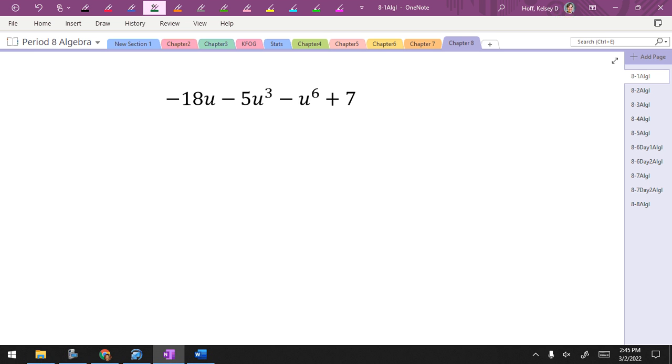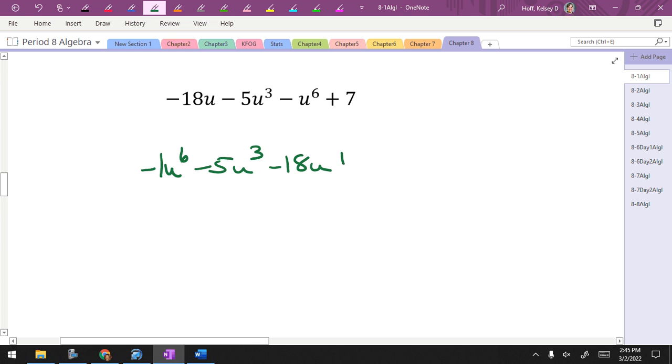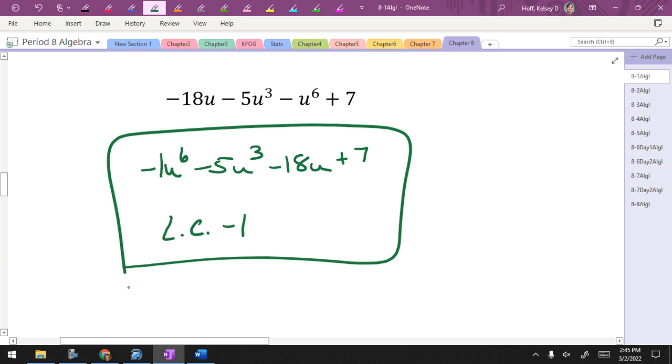First one I should write down, negative, I always put a 1 out there. Negative 1u to the 6th. Then negative 5u to the 3rd. Negative 18u plus 7. Your leading coefficient? Negative 1. I don't think we really need to do 2 more of those.